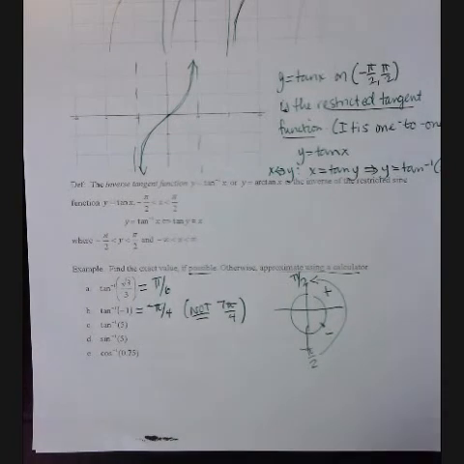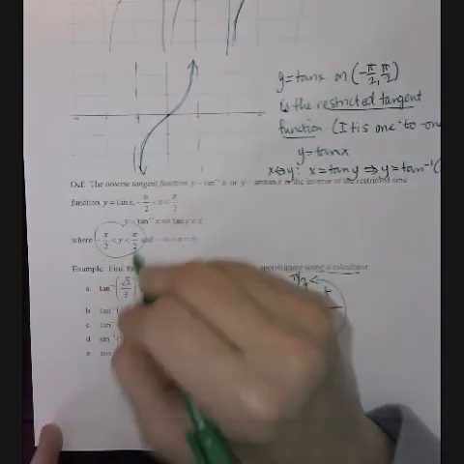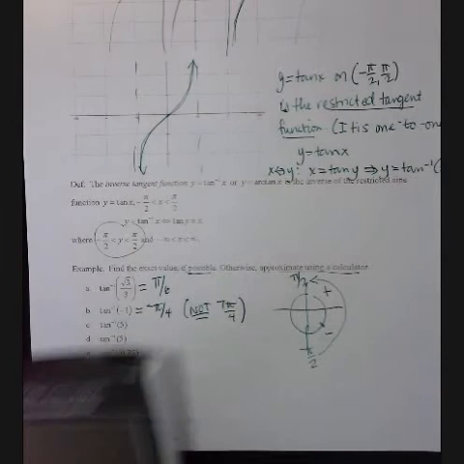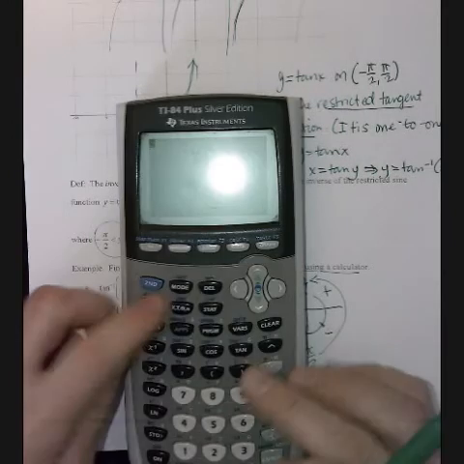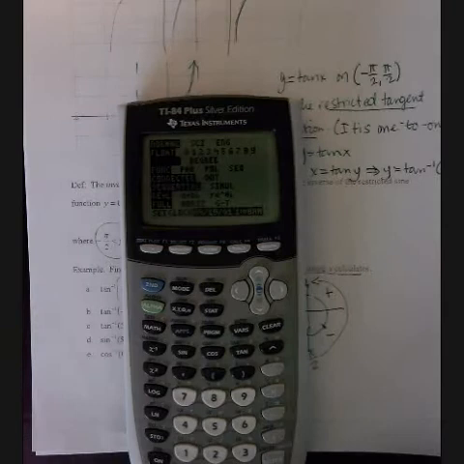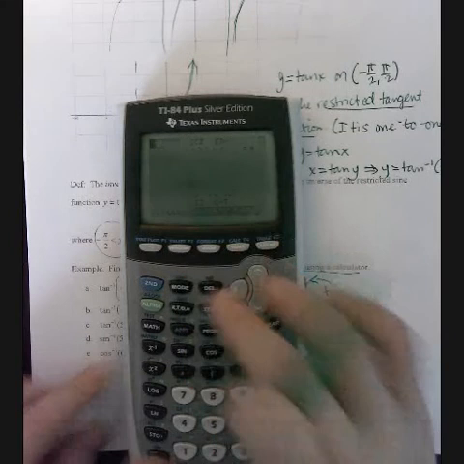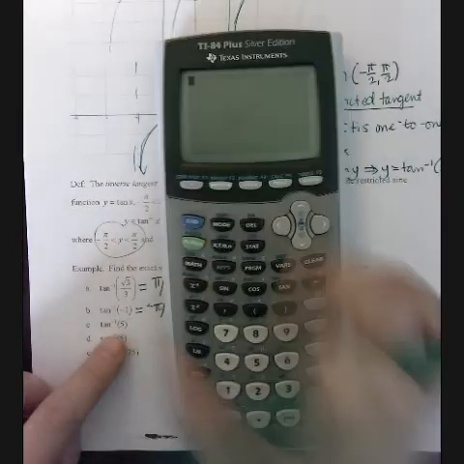The outputs have to be in radians, so make sure you have this in radians. And I gotta check mine. Mine's not in radians, so I need to change it. Turn this light off. Okay, here's your usual sine, cosine, tangent.